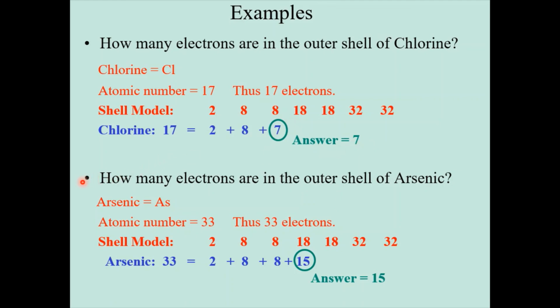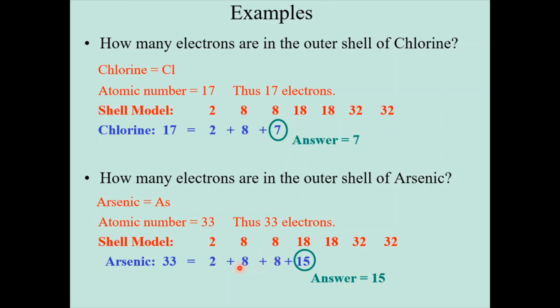Let's do one more. How many electrons are in the outer shell of arsenic? Arsenic, symbol As, has an atomic number of 33, thus we have to fit 33 electrons into our shell model. So 33 electrons goes 2 into the first shell, 8 into the second shell. The third shell also can hold 8.